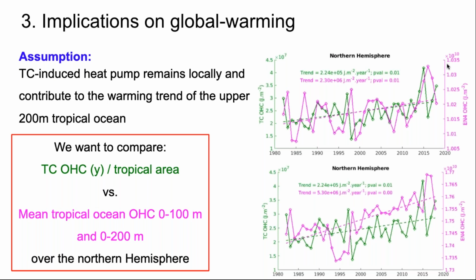And I want to highlight that the ocean heat content magnitude here is 10 to the 10, which is 3 orders of magnitude larger than the TC-induced ocean heat content year to year. But if we look at the trend, the trend in the ocean heat content is only 1 order of magnitude larger than the TC-induced heat pump. So 10 to the 6, and here it is 10 to the 5.